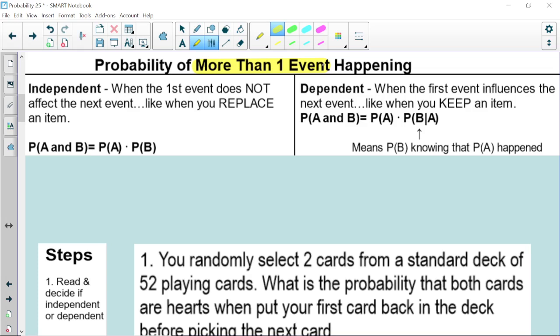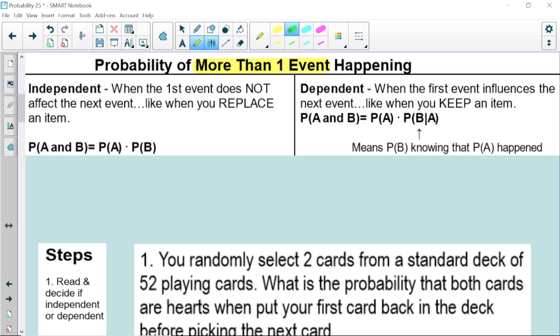That was all one event. Now we're doing something where we're doing more than one thing. So we're maybe taking two cards, or picking two marbles out of a bag, and other examples that involve anything that's 2, 3, 4, or more events.